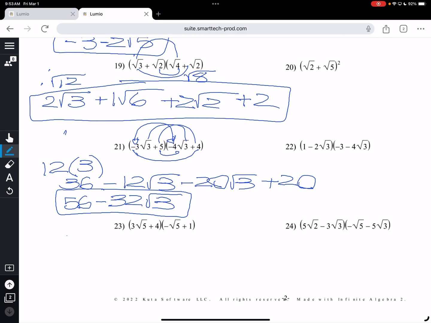And then the last are both outside numbers, so it's plus 20. So the negative 12 becomes negative 12 radical 3? Right, because the negative 3 had a radical 3 with it, and the negative 4 had a radical 3. So add your like terms, 56 minus 32 radical 3. Those were like terms right here, and these are like terms.